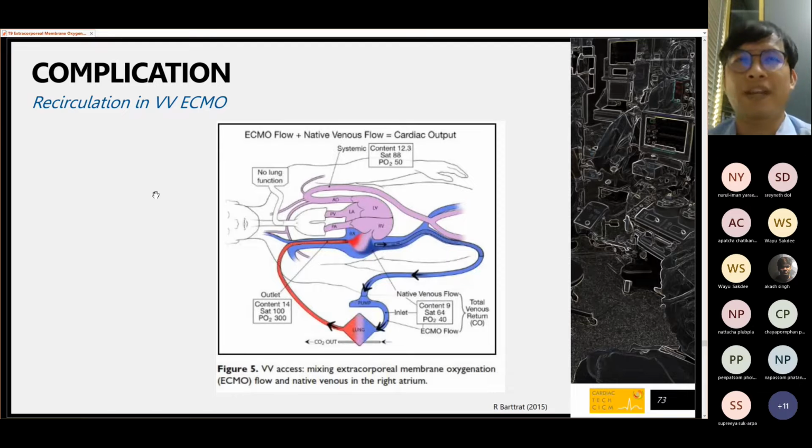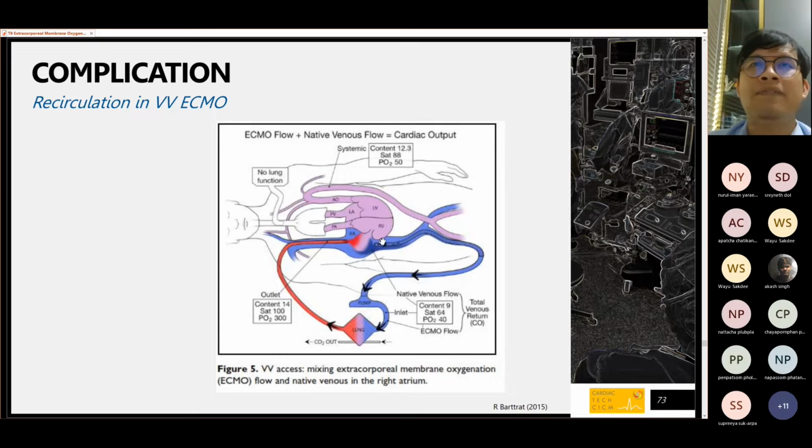It's called recirculation. So we need to check the positions and also check the arterial blood gas to recheck whether recirculation occurs on the VV ECMO or not.